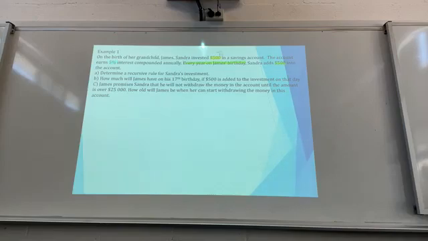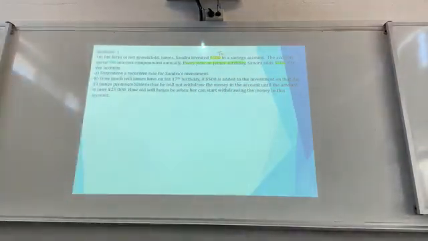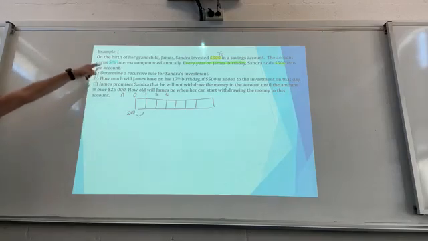Now, the account earned 5% compounded interest. What does it mean to you? If I draw this in terms of a box, starting with the year end, this is when James was born. After 1 year, I've got T1, T2, T3. So this is initially $500. Then I can calculate the increase.